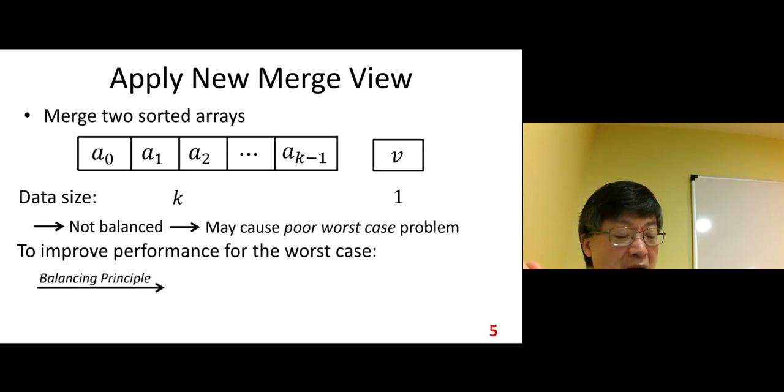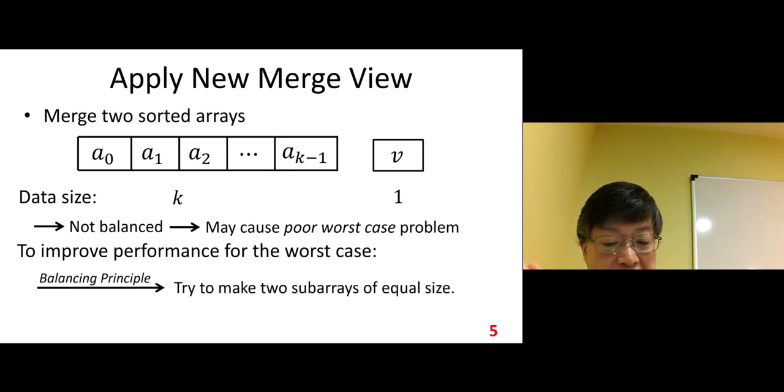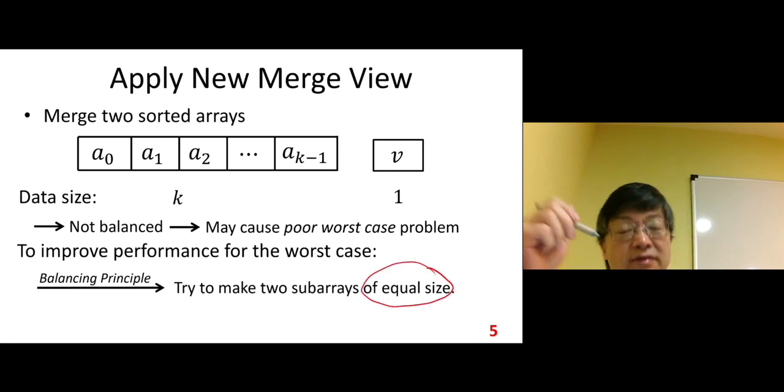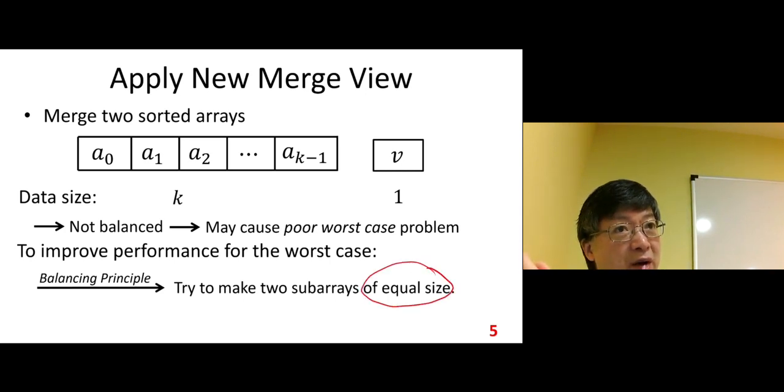We know by the balancing principle that we try to make two subarrays of equal size, as close to equal as possible, not necessarily exactly equal.